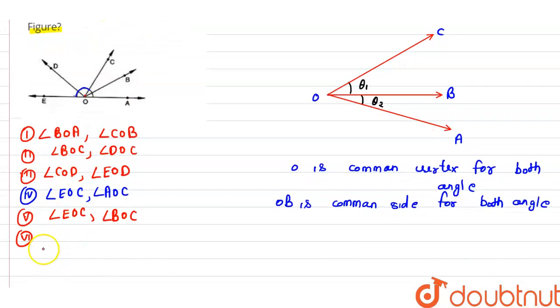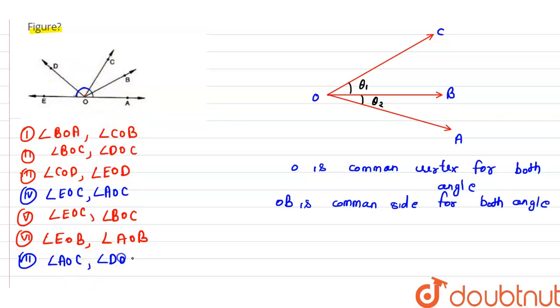Next, angle AOC and angle DOC, in which O is the vertex and OC is the common side. So this is also an adjacent angle pair.